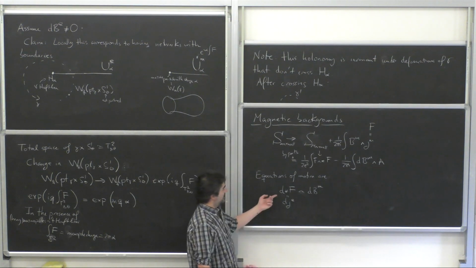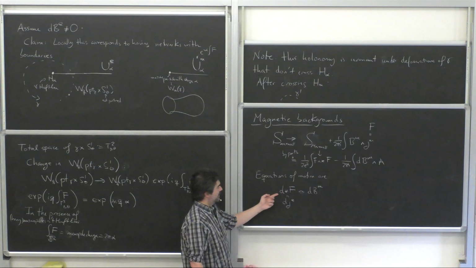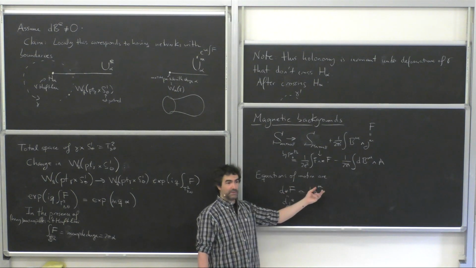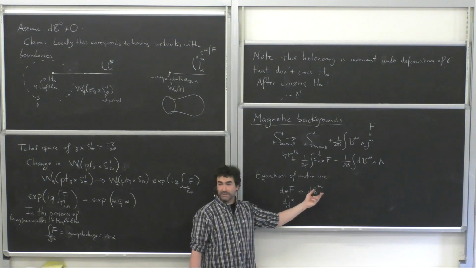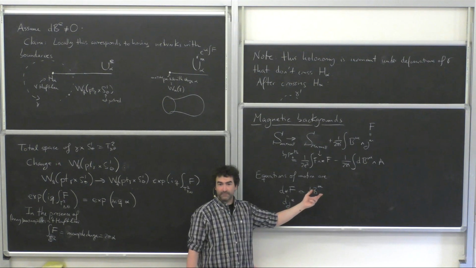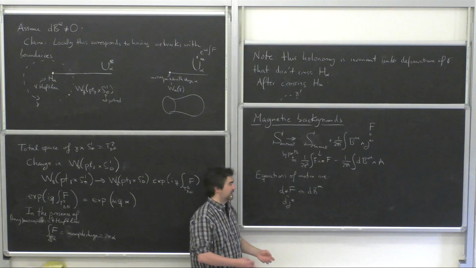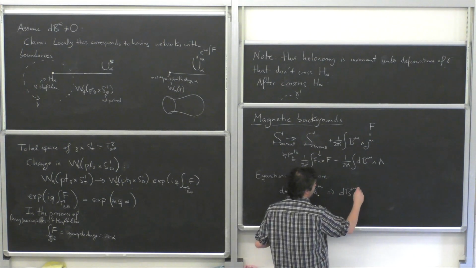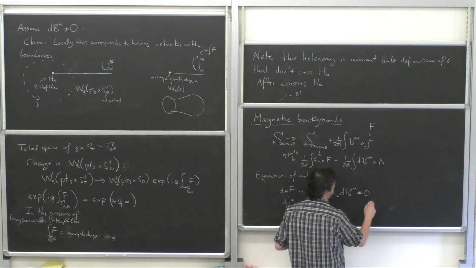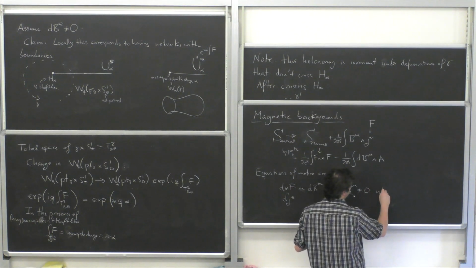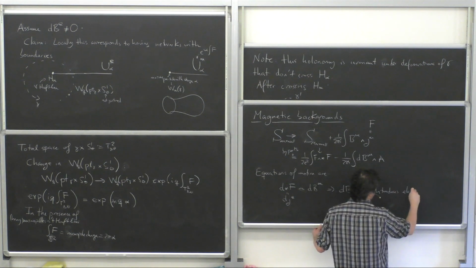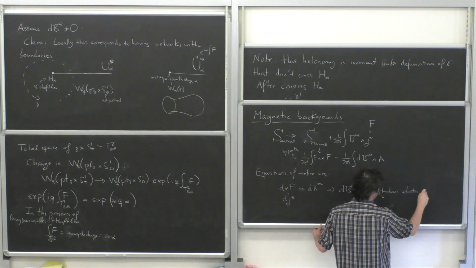Now remember that in Maxwell's equations, whatever is on the right-hand side of d star F equal to something, that thing is a charge or electric density, a standard electric density, right? So electrons or something. So this implies that dB_M different from 0 introduces electric charge.